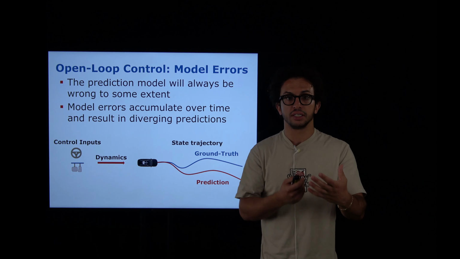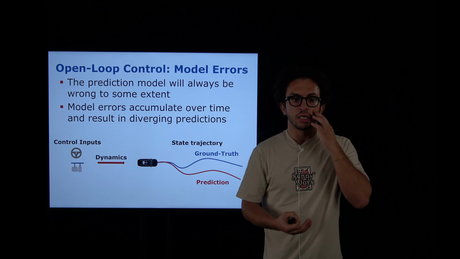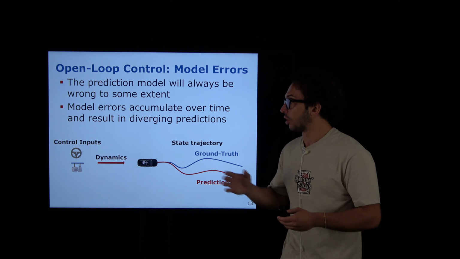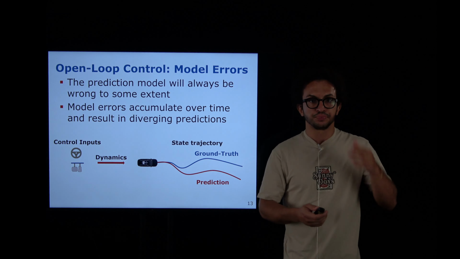So we're not feeding the system with what we've computed, and so stuff changes. So the prediction model will always be wrong, and there will always be errors.